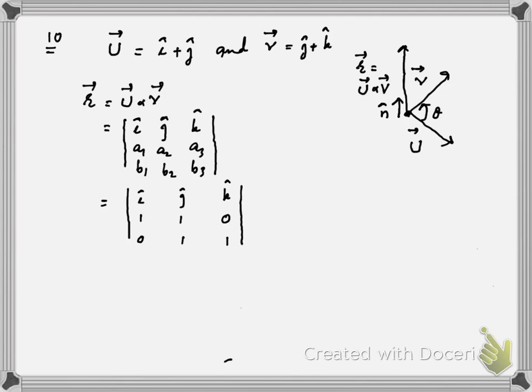Now expand this determinant. For i cap, its minor determinant is 1 0 1 1, minus j cap, its minor determinant is 1 0 0 1, plus k cap, its minor determinant is 1 1 0 1.